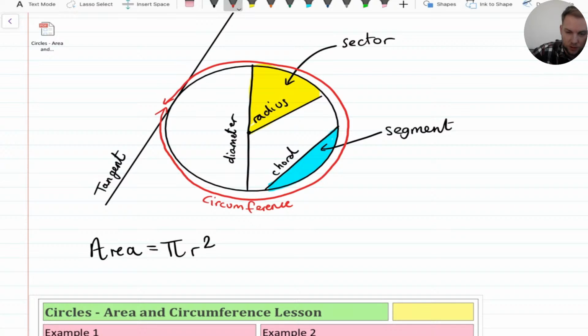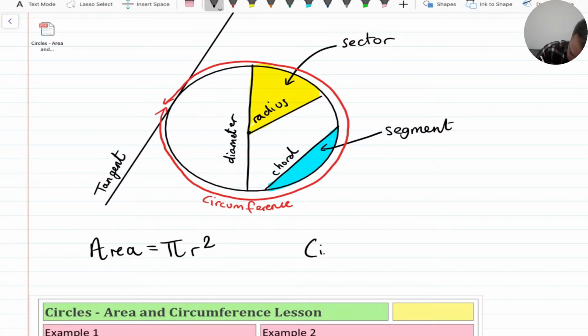Does anybody know what the formula for circumference is? Yeah, that's exactly it. There's actually two formulas for this.